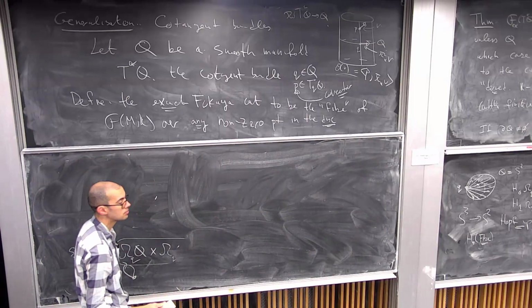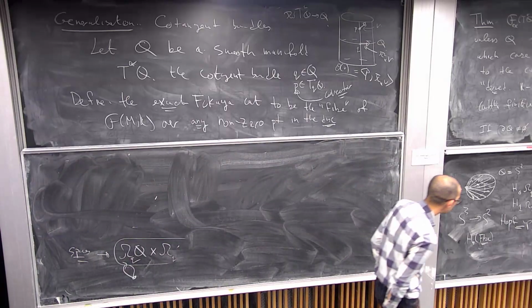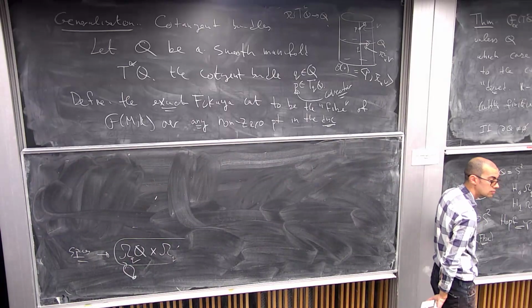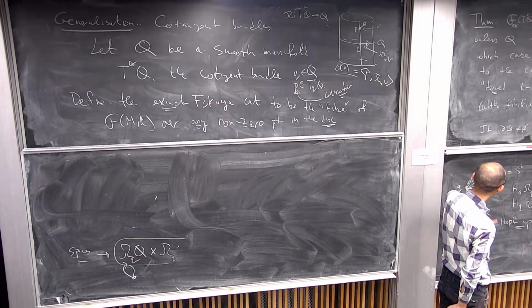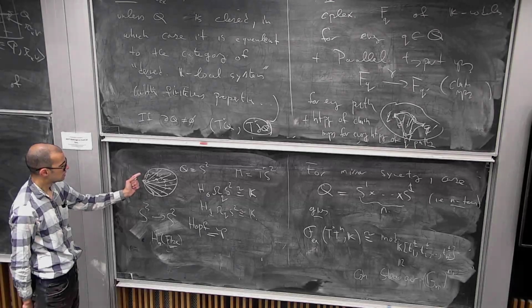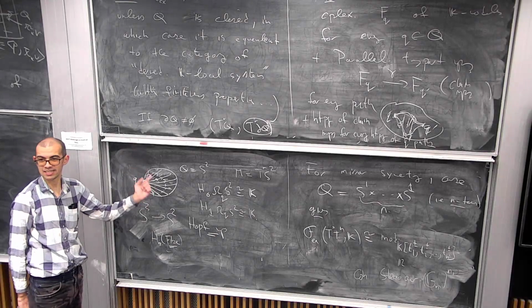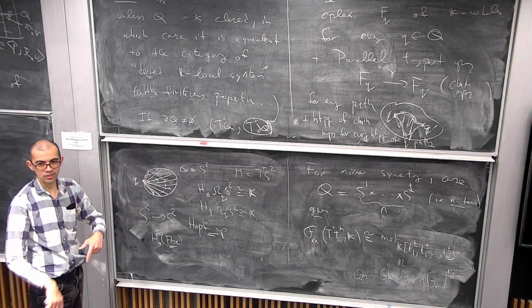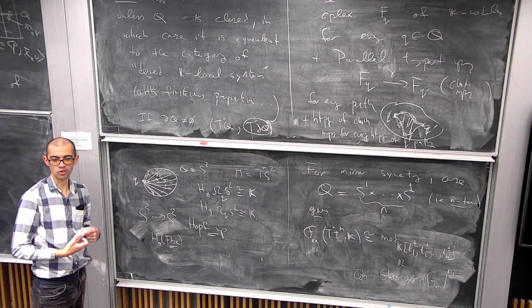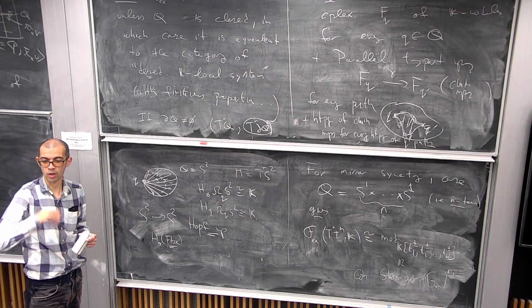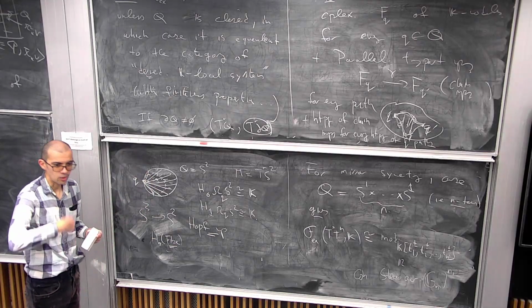I wanted to give an example of some interesting module, some interesting derived local system that goes beyond just an ordinary local system where the monodromy is just going around one loop and getting a matrix.